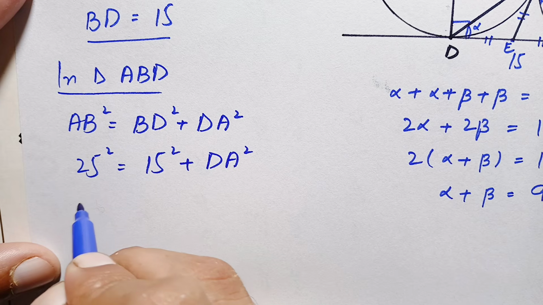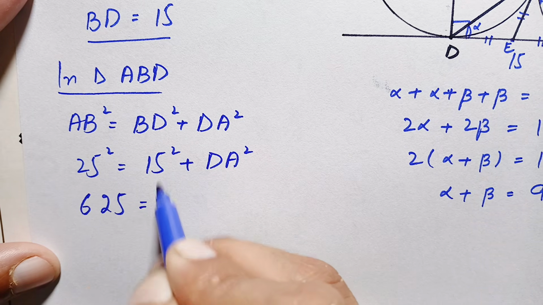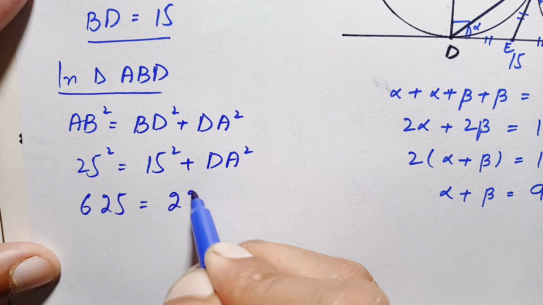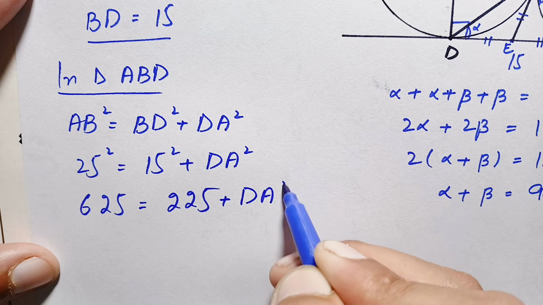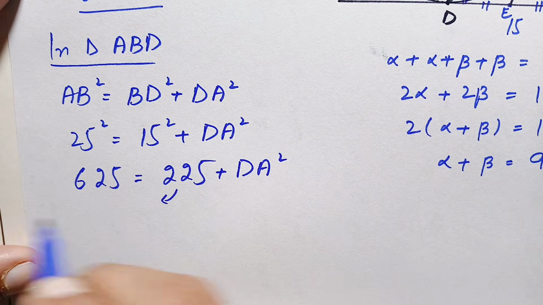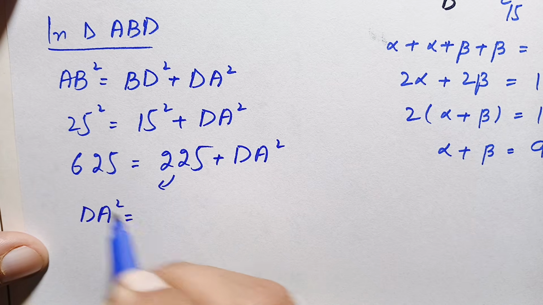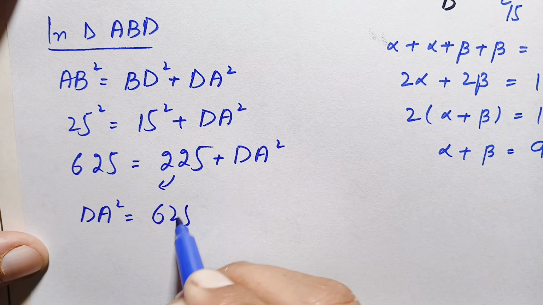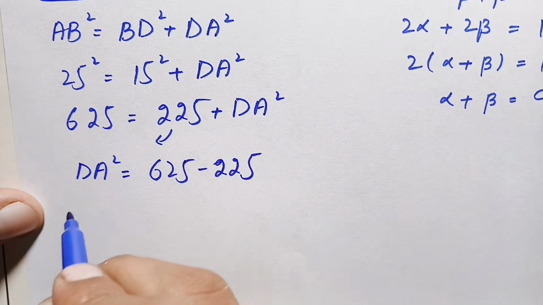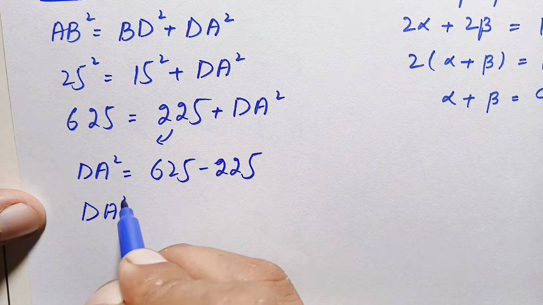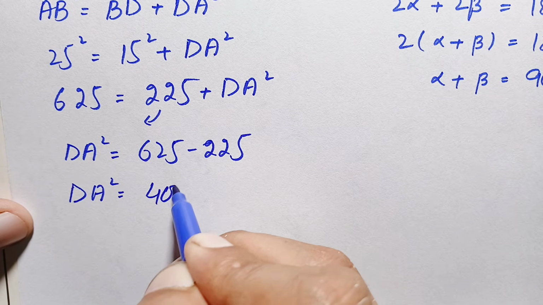So 25 square is simply 625, is equal to 15 square, which is simply 225, plus DA square. And we will take this number to the left hand side. So the value of DA square will become 625 minus 225, which is simply 400.